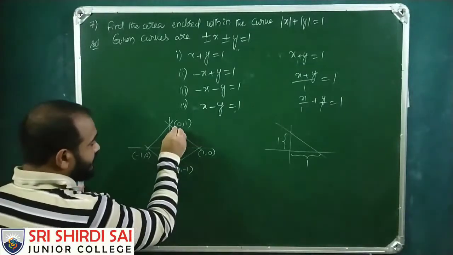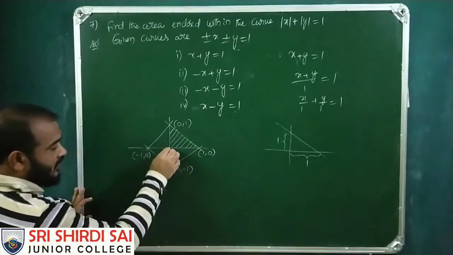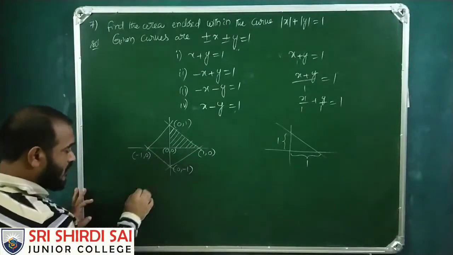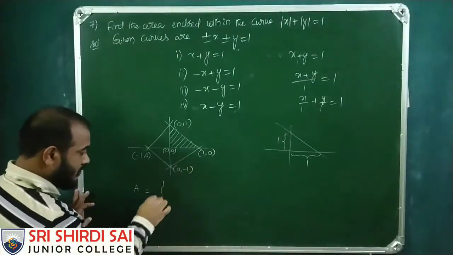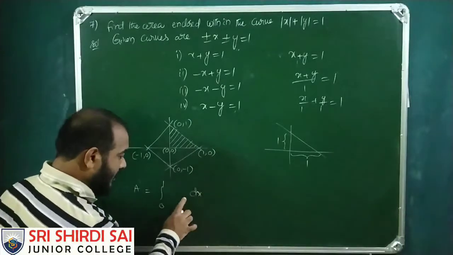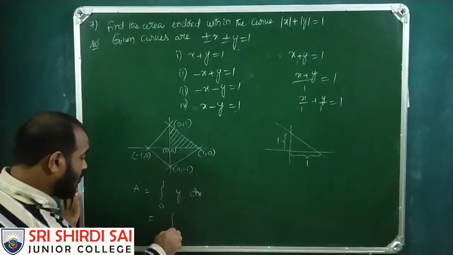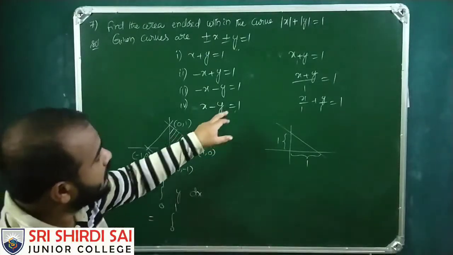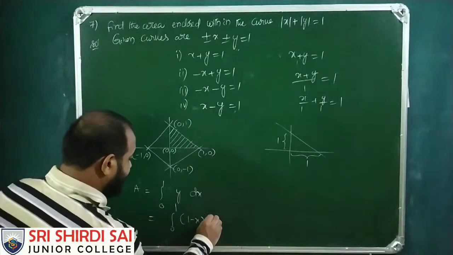So here the area of the region, this is 0 comma 0. Area is equal to 0 to 1, the limits of x. Therefore dx, y dx is what we need to take. So integral 0 to 1, what is y? Y is equal to 1 minus x dx.